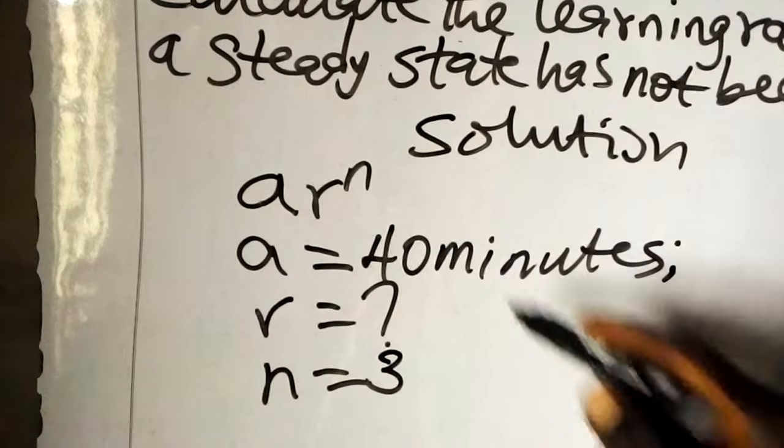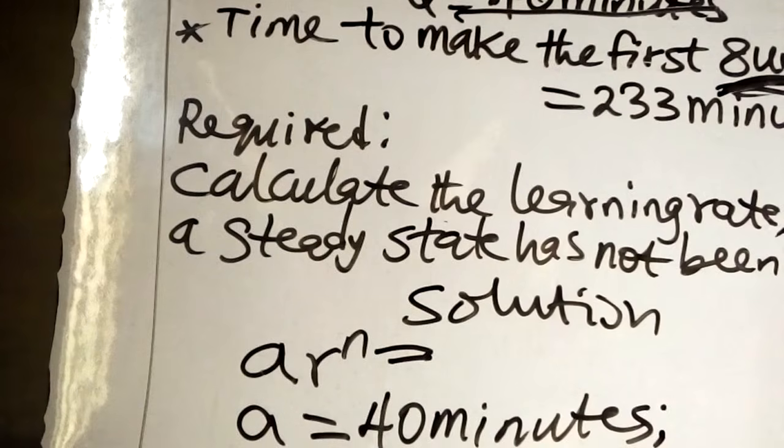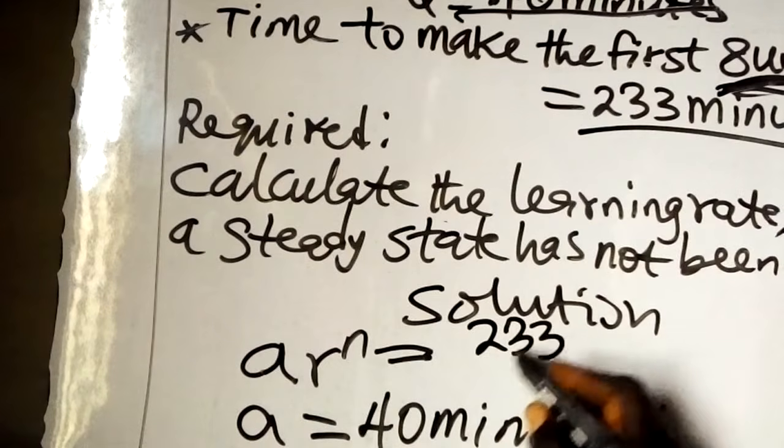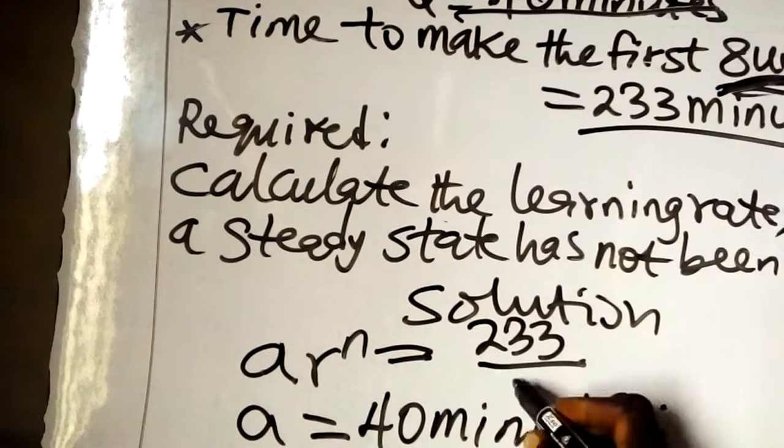And I've told you that this expression equals the cumulative average time per unit. We know the cumulative output took 233 minutes. To get the average time per unit, it will be 233 minutes divided by the number of units, the cumulative output, which is 8.